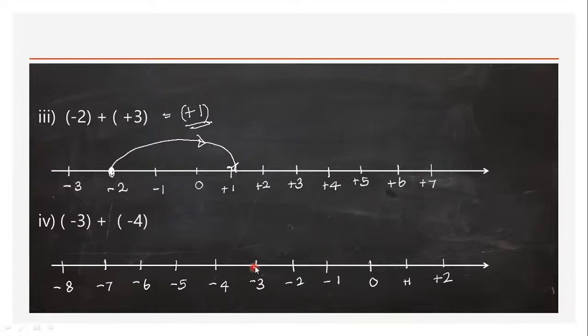Towards the left hand side. Then 1, 2, 3, 4. Then 4 is here. Then let's mark. Minus 3 and 1, 2, 3, 4. Minus 7. Then when we use the number line, what is the value? You can read the value here. Minus 7.